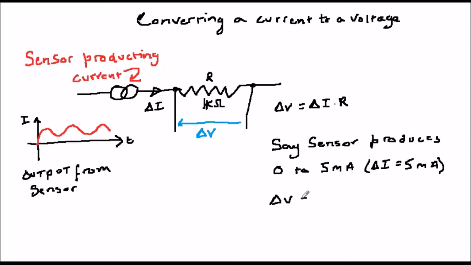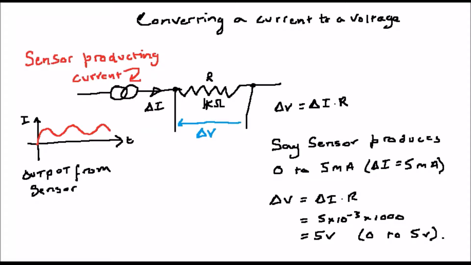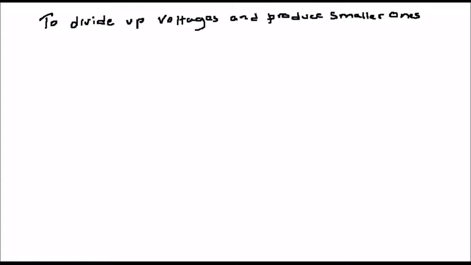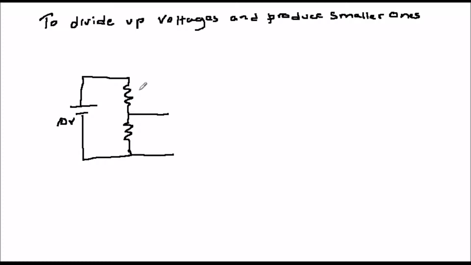The third and final important application of resistors actually involves two of them and is called a potential divider. Its purpose is to generate a lower voltage from a higher one by dividing it up. For example, say we had two 1 kilo ohm resistors attached to a 10 volt battery as shown in the diagram.